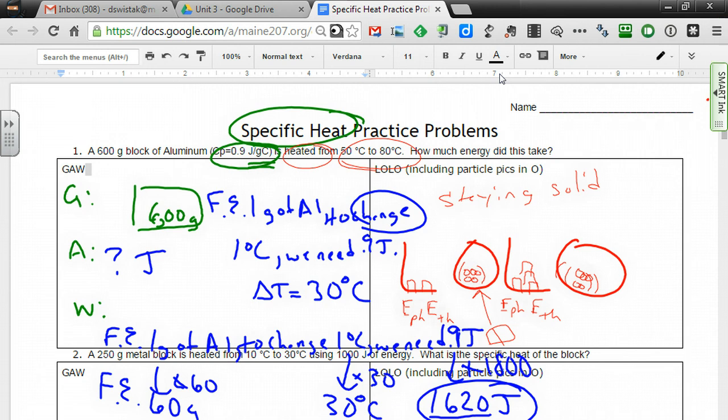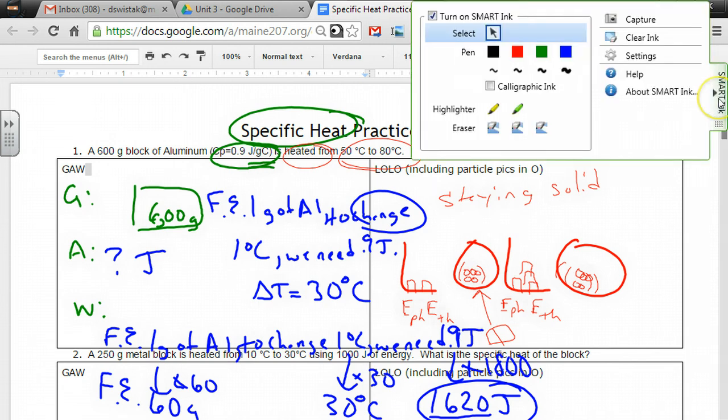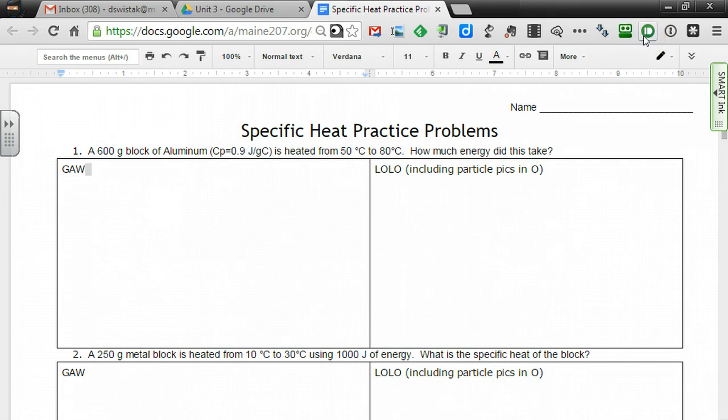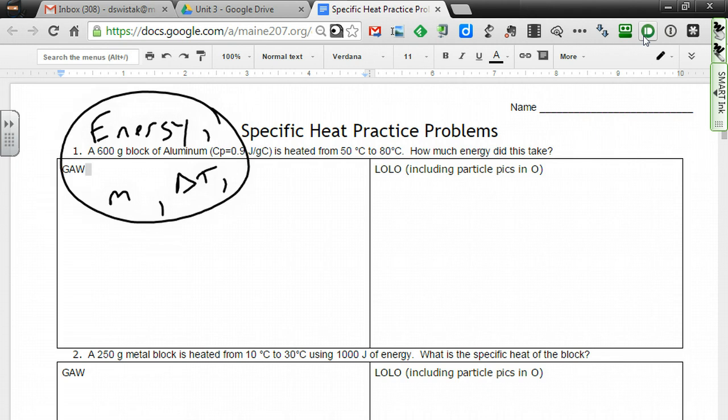This brings me to another thing I wanted to talk about. Not related to number 1, but sort of related, and this is the idea of the 3 relationships. When we're looking at energy, we're always looking at mass, change in temperature, and energy. These 3 factors are the things that I'm looking at.